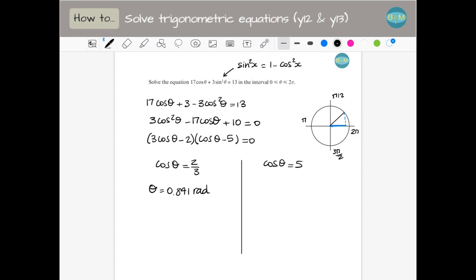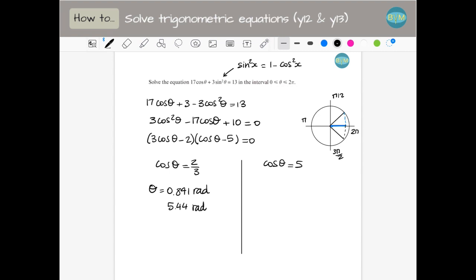So my next solution is going to be one that has the same cos. And that one, this angle, is going to be 2 pi minus 0.841 radians. Yeah, you do that with the calculator, and then you find the second solution that would be 5.44 radians.